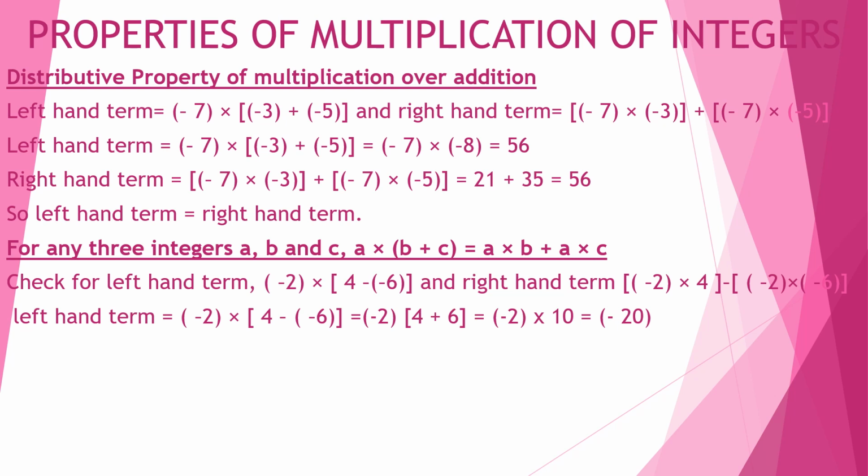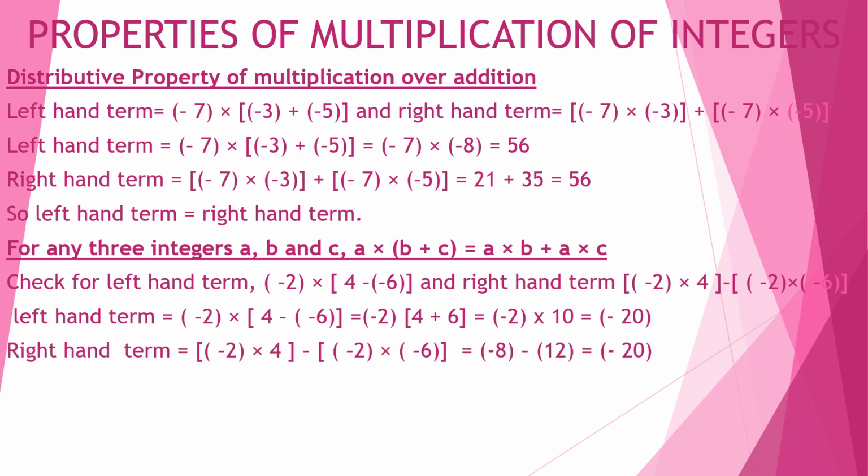So I have minus 2 into 4 plus 6, which is minus 2 into 10, which is equal to minus 20. The right hand term, the first parenthesis minus 2 into 4, so I get minus 8. And the second parenthesis is minus 2 into minus 6, I get 12. So minus 8 minus 12 is equal to negative 20.